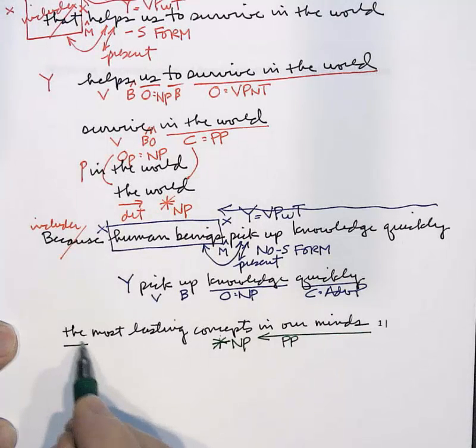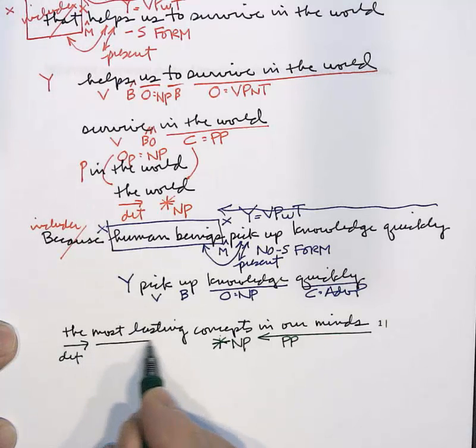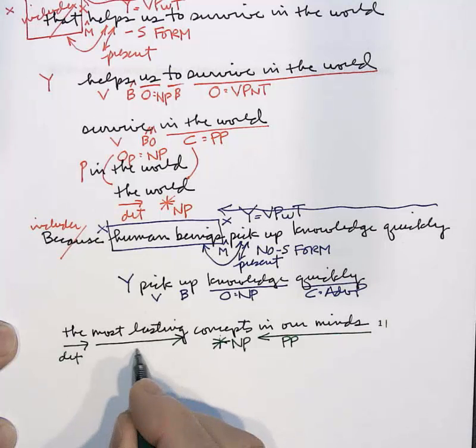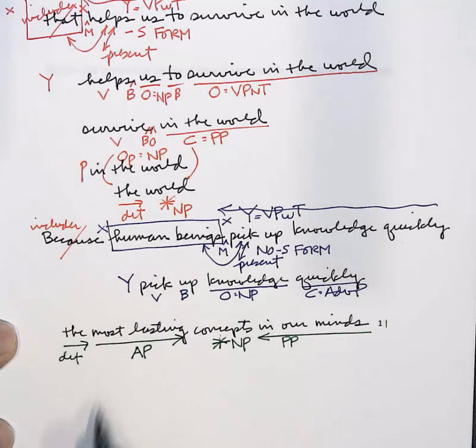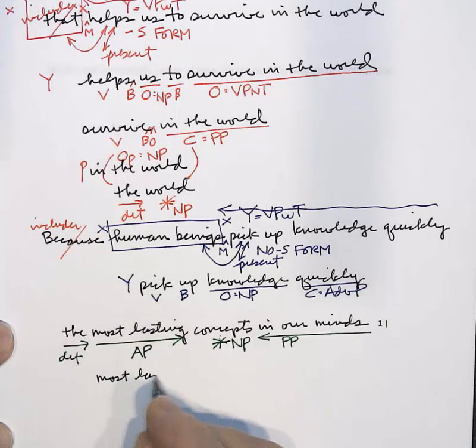And the is a determiner. Most lasting works together, and we're going to call it an adjective phrase, but actually lasting is a verb form. And let's rewrite that. Most lasting.